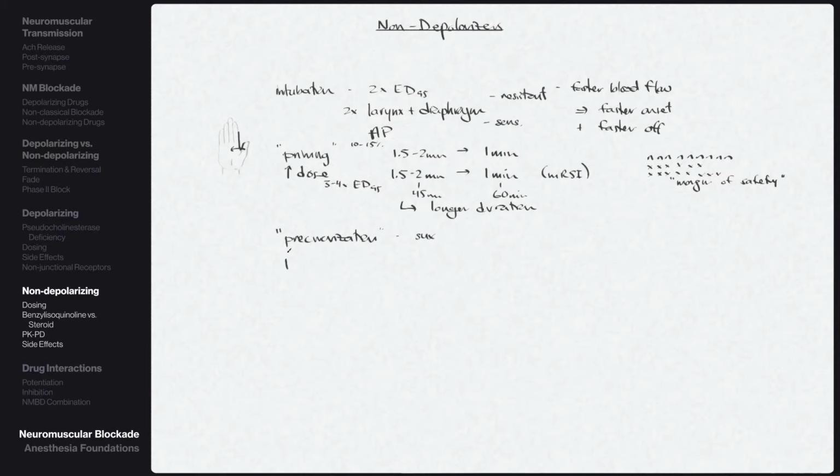And then the last thing I want to mention is that most non-depolarizers have this ability for potentiation. And so this happens with a lot of different drugs that we might see, where we might see an added or synergistic effect with another type of agent. And so this includes volatiles, which we mentioned might act by desensitizing the acetylcholine receptor. It might happen with magnesium, which competes for calcium at the pre-junctional nerve terminal and then avoids this mobilization and further acetylcholine release.